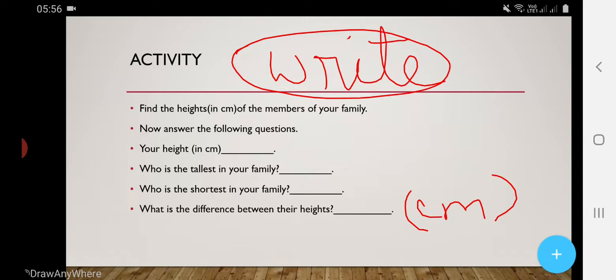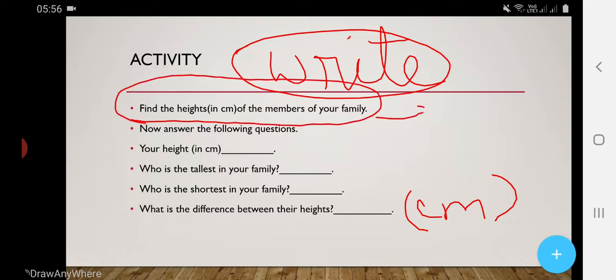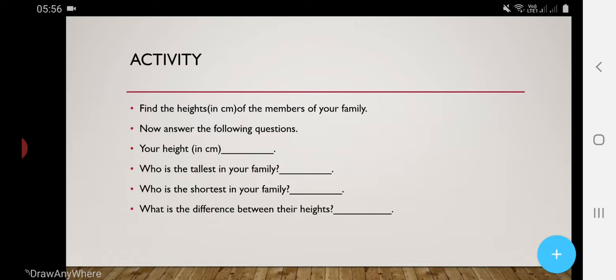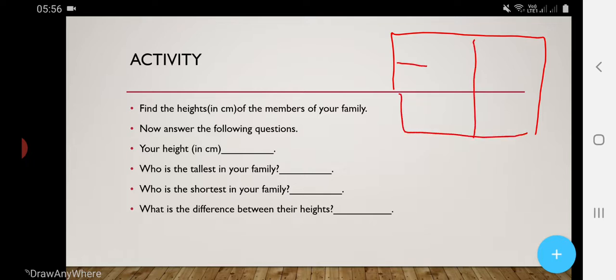So what we have to do? Find the heights in centimeter of the members of your family. You have to write the names and their heights. You have to make a table with two columns.